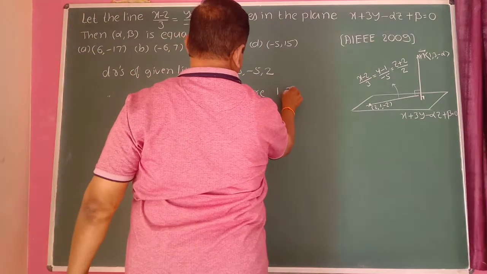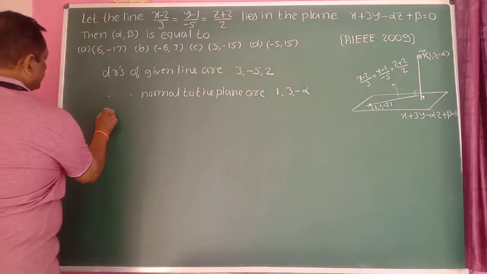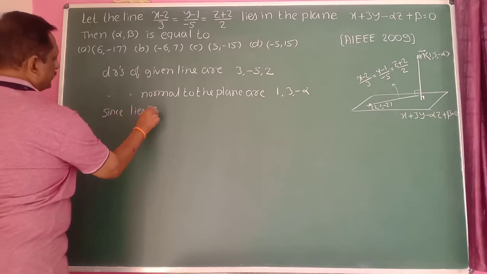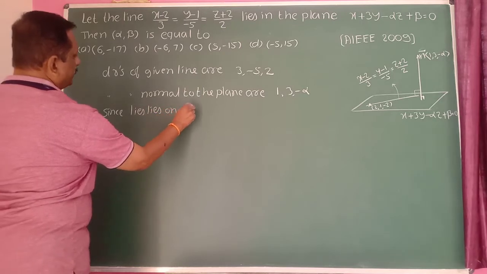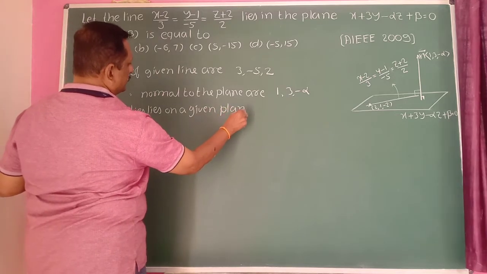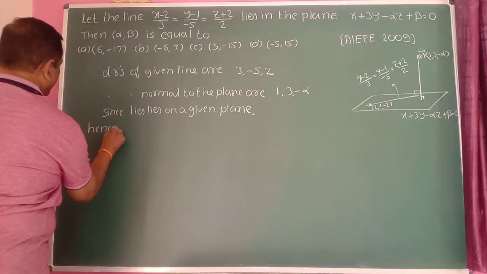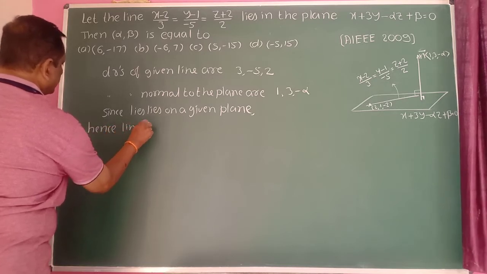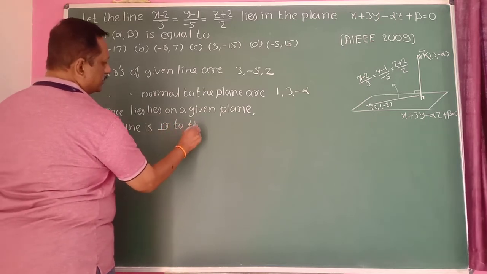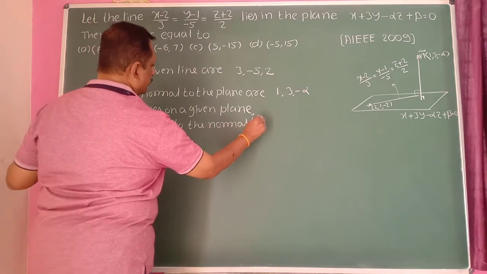So since the line lies on the given plane, hence the line is perpendicular to the normal to the plane.